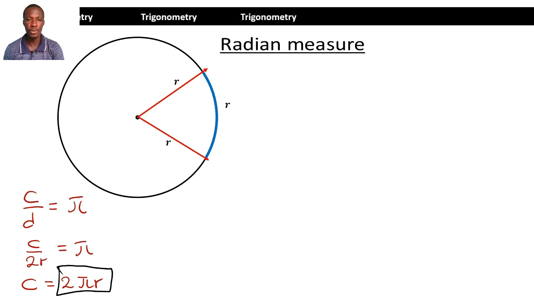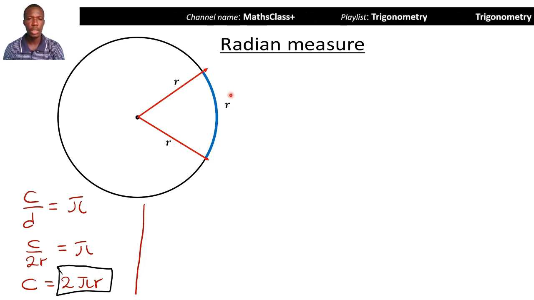Now let's come to the radian measure of angles. An angle described as radian is the angle that is subtended by an arc which is of equal length as the radius of the circle. I have this arc here, indicated with a blue color, and according to the diagram, the length of this arc is r.